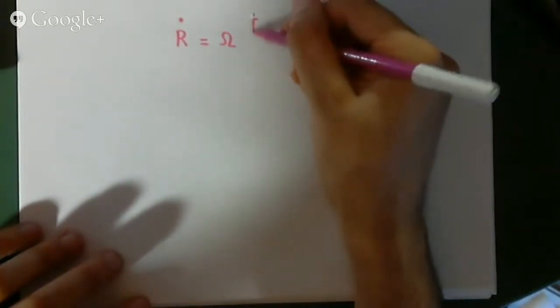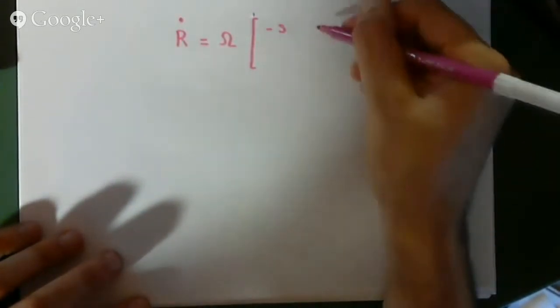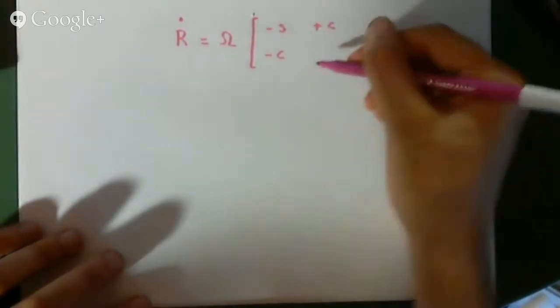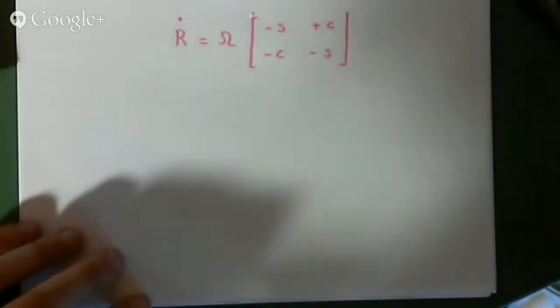Where the matrix R dot is omega times minus sine, plus cosine, minus cosine, minus sine of omega t.